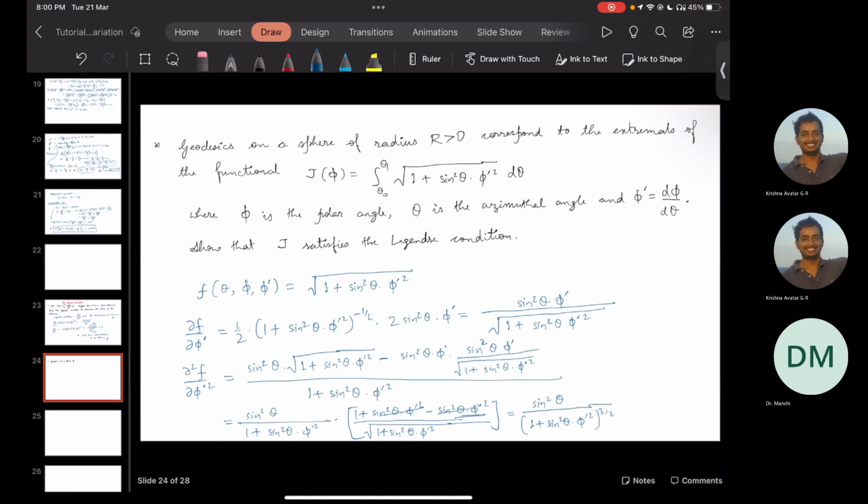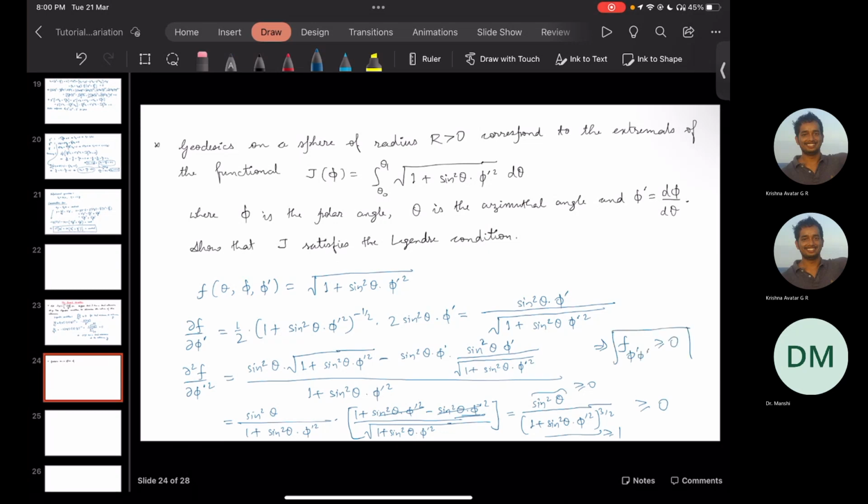Now the numerator is always going to be greater than or equal to 0, and the denominator is always going to be greater than or equal to 1. So this implies that f_φ'φ' is greater than or equal to 0.